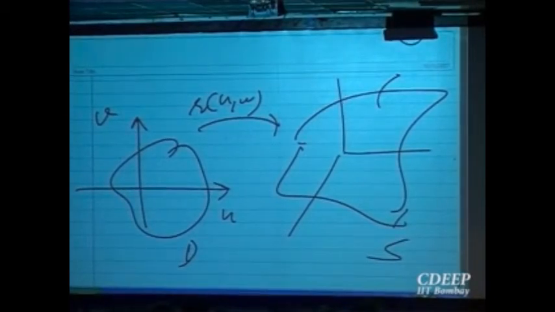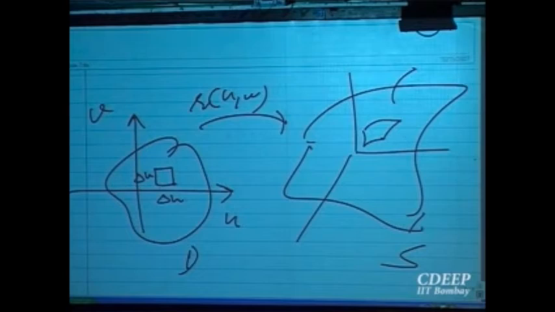Whenever we have been doing this, whether length or area or anything, we take a small piece of that object and try to approximate its area, and then do the whole thing. So let us take a small portion of the domain, which is a rectangle here, of lengths delta u and delta v. This will get transformed, so it will look like something here. This is an image of this rectangle.